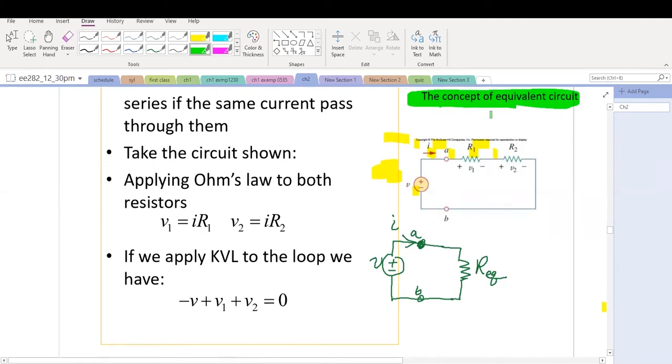The concept of equivalent circuits. Let's look at these circuits here. What I care about is terminals A and B, and there is a source here, voltage V. For the equivalent circuit, I do not care about this connection, whatever way they are connected, in series, in parallel, or in combination.